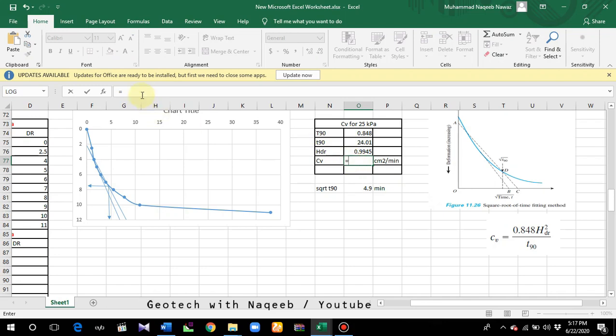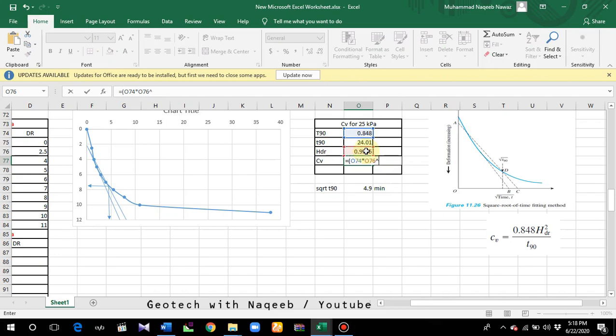C sub V is equal to 0.848 multiplied by HDR squared, basically.